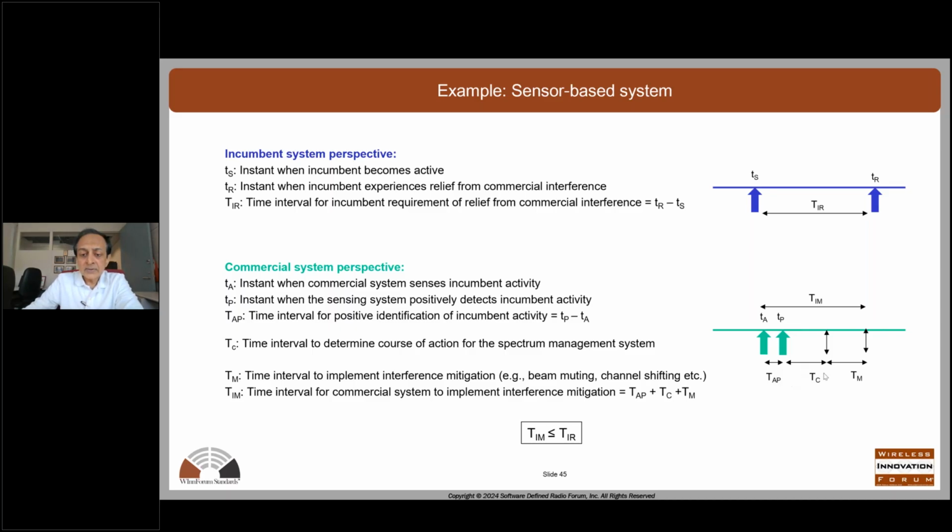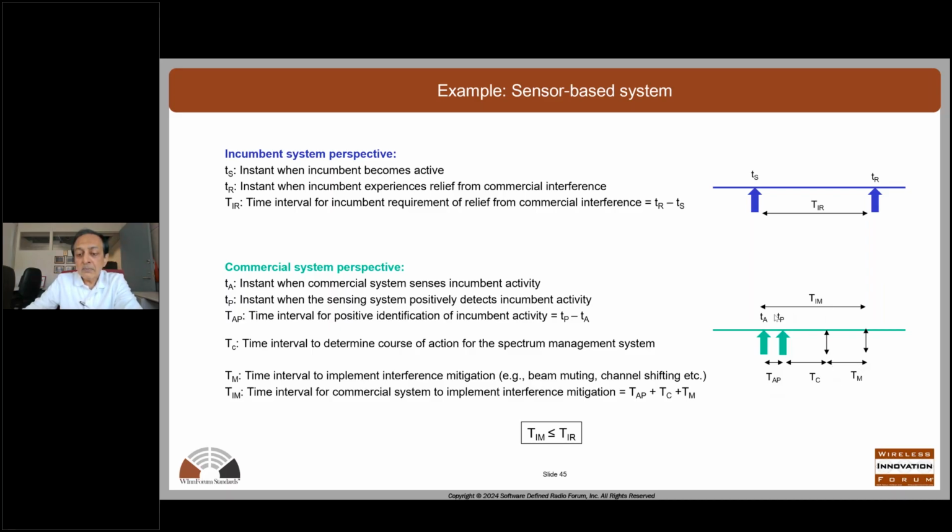And then there is a T sub C, the interval when the course of action is decided: the spectrum management system will decide, well, now I have detected that this particular system is active. What do I need to do? Which are the base stations that I need to inform? And it takes some time to do those calculations. And finally, T sub M is the time interval to implement the interference mitigation, whether it's beam muting, channel shifting, etc.